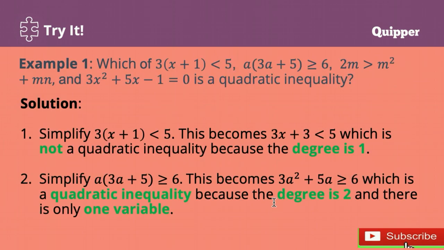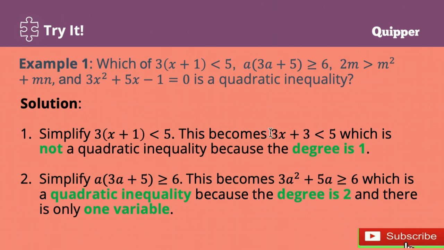For number 1, simplify 3 times x plus 1 is less than 5. The simplified form of this is 3x plus 3 is less than 5. We just distribute the 3 to each term of the binomial.